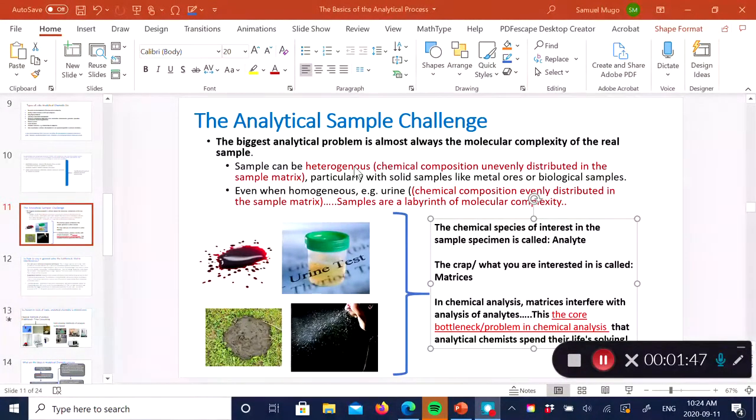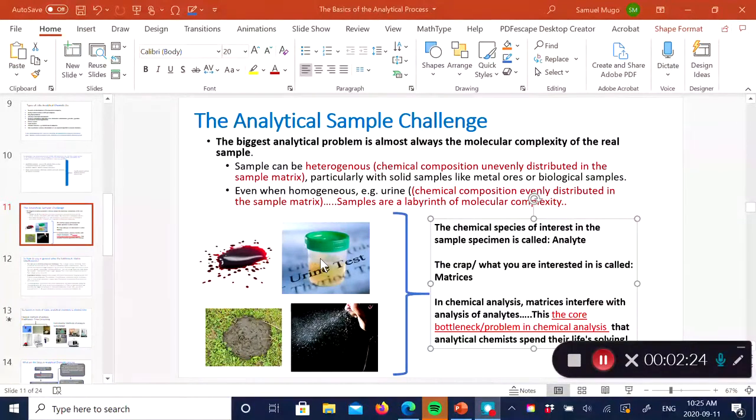And yet when you're doing analysis, you have to make sure whatever goes into the instrument is fairly homogeneous. The sample composition is the same throughout. So that adds to the complexity of chemical analysis. But even in cases such as urine, which is a solution where the chemical composition is homogeneous, meaning the chemical elements are evenly distributed, these samples exist in a labyrinth of molecular complexity.